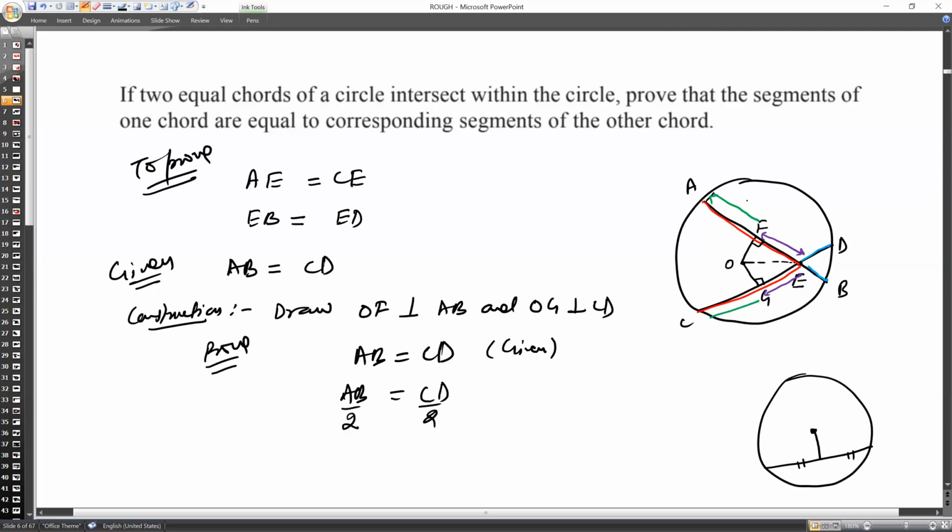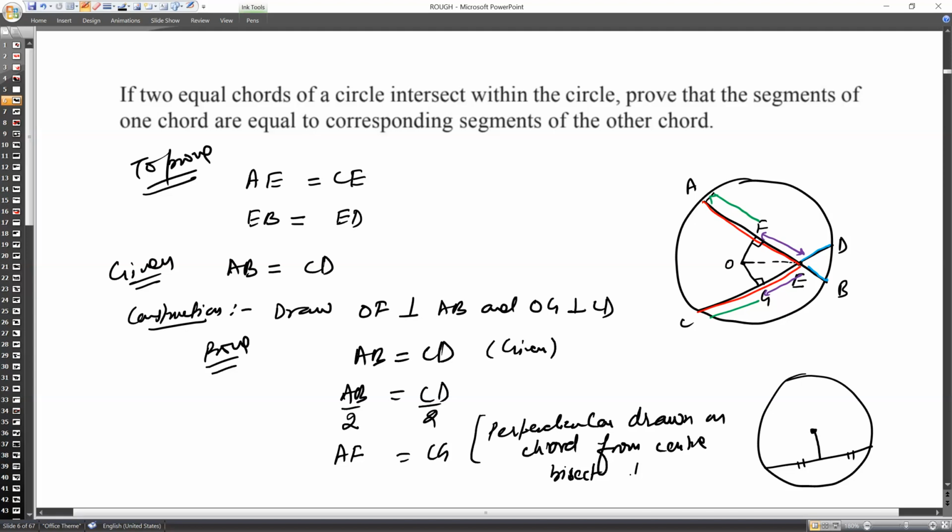Okay, so half of AB you can take AF, and half of CD you can take CG. Why? Reason: because perpendicular drawn on equal chords, or perpendicular drawn on a chord from the center, bisects the chord.